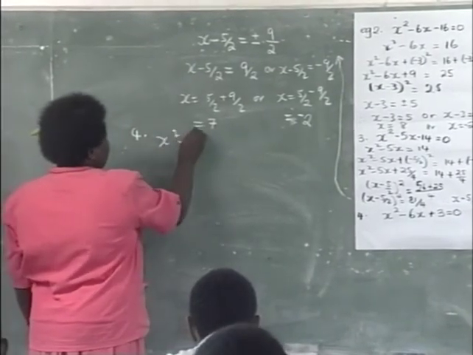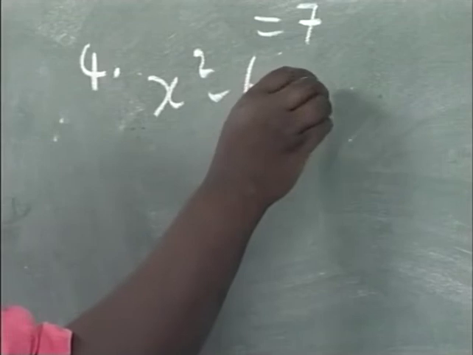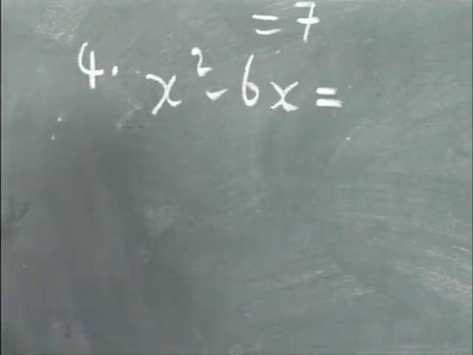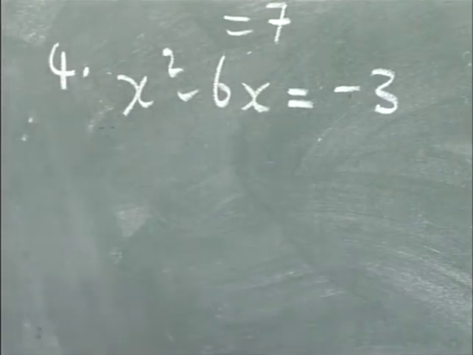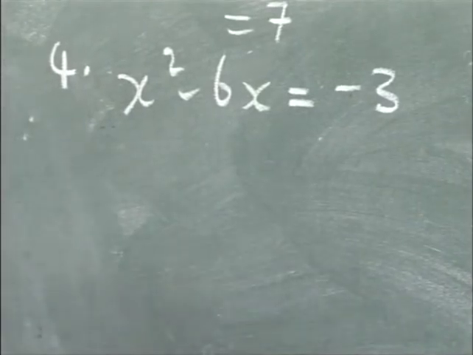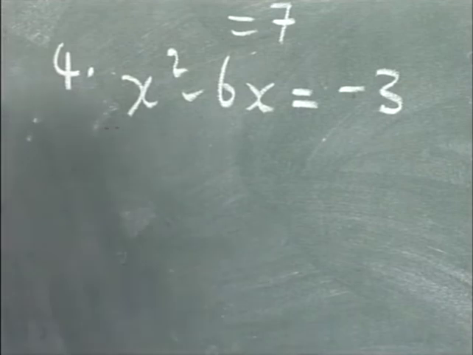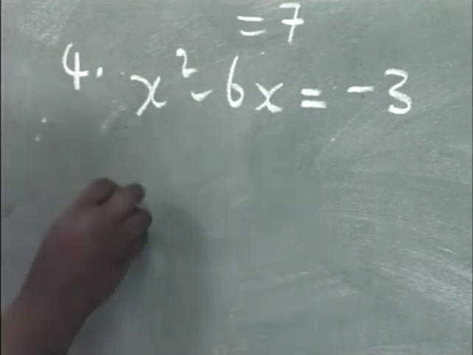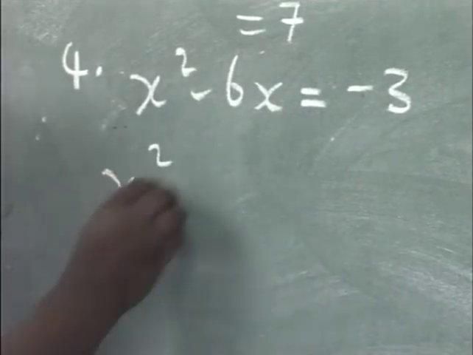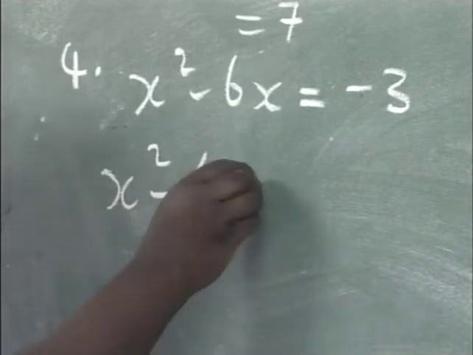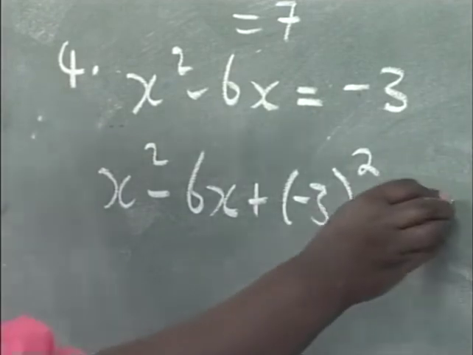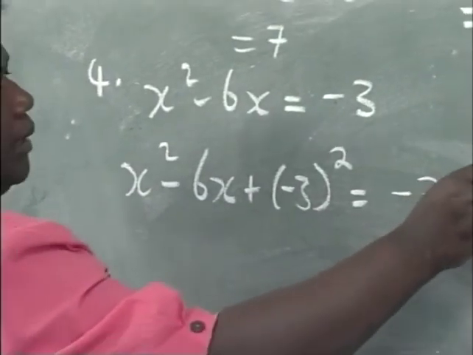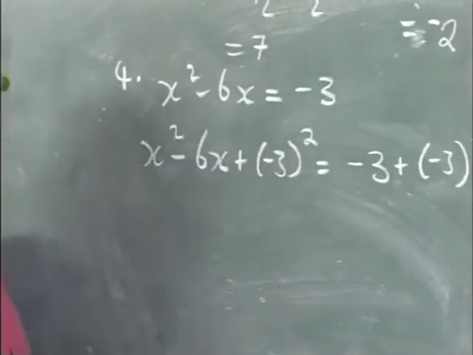Right, x squared minus 6x plus 3 equals 0. I have to move 3 onto the other side. It now becomes negative 3. Okay, then I complete the square. I get half of negative 6, right? X squared minus 6x plus negative 3 squared equals minus 3 plus negative 3 squared.